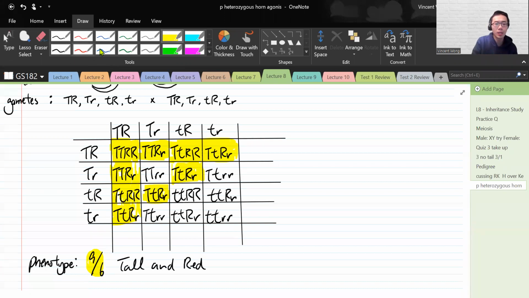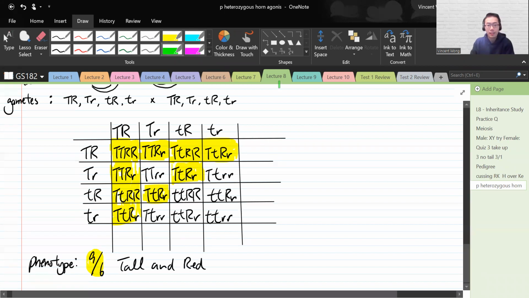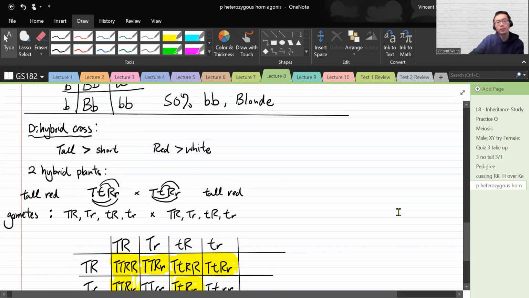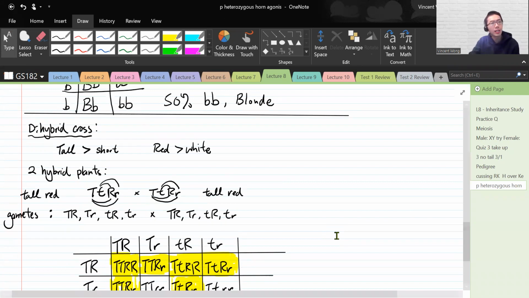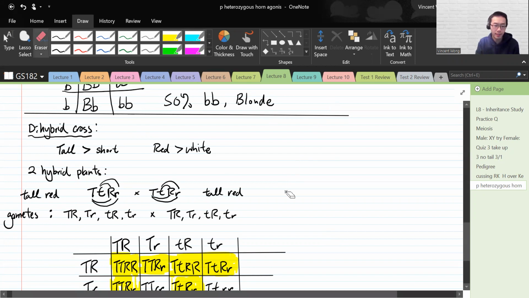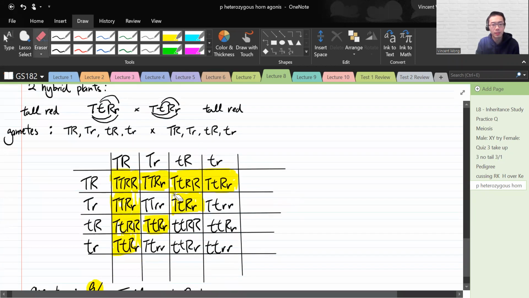Tall as well, good. And what color would it be? Red? Let's take a look here. If it's small r, is it red or is it white? Aisha, you want to try? I see you unmute your mic. Is it white? It's white. That's right. Very good.